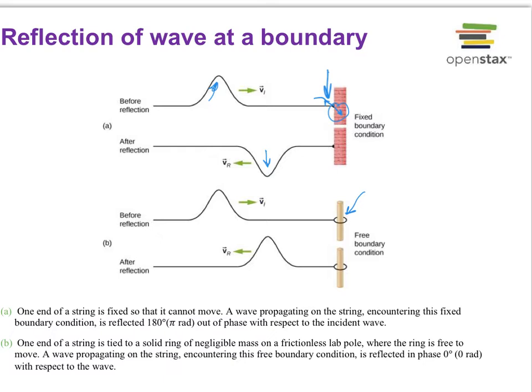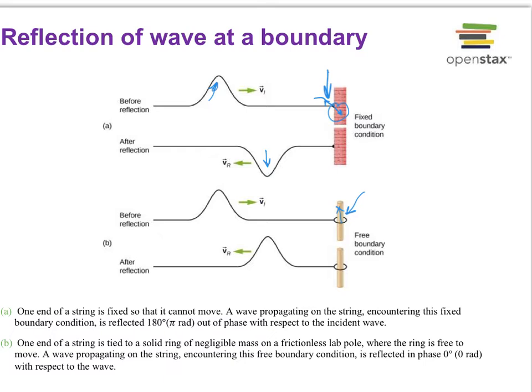So as this pulse comes in, once it hits this boundary, this loop will just move up very easily as the pulse gets to that location, and then it reflects, and nothing happens to the pulse. It's totally reflected with the normal orientation that it had coming in. So those are the two possibilities of how the wave is going to reflect. And that's one thing to consider when we're setting up standing waves.